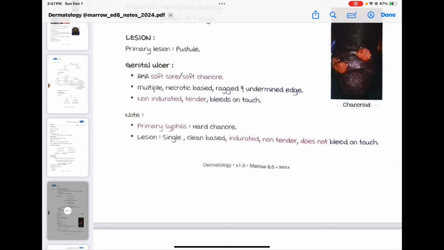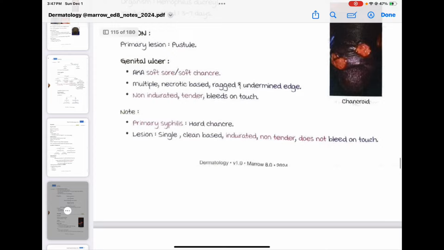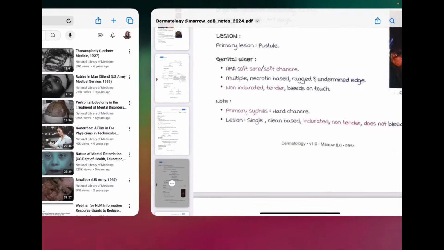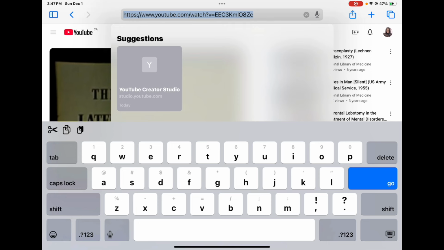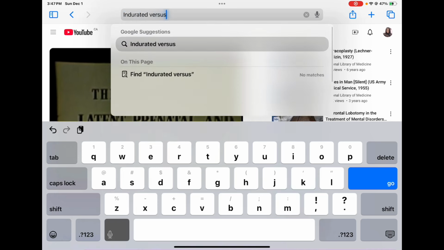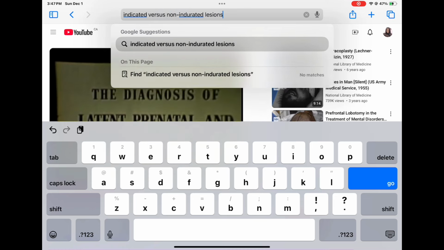Leishmania donovani causes leishmaniasis, but Klebsiella granulomatis causes donovanosis. Similar names. Genital lesions: genital ulcer in donovanosis.